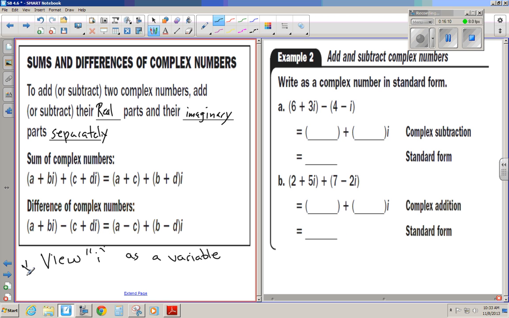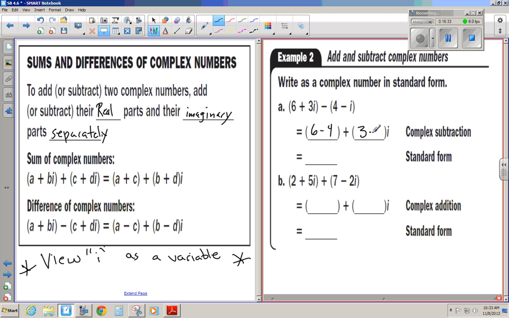Okay, this is an important piece right here, because if you view i as a variable, all you have to do is say, all right, what they want you to do is combine the real parts, so a 6 and a minus 4, and then you're adding 3 minus 1.